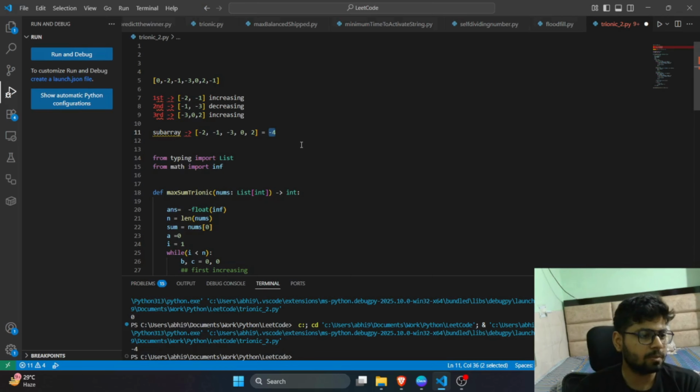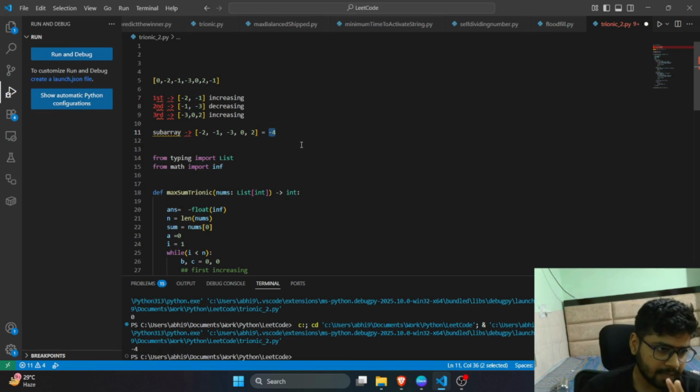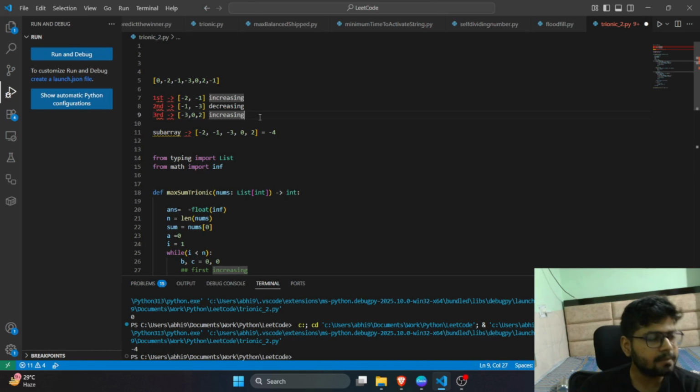So did you understand the problem? There can be more than one subarray that follows these types of rules, and we can gain leverage from the calculation we have already done for the third array.